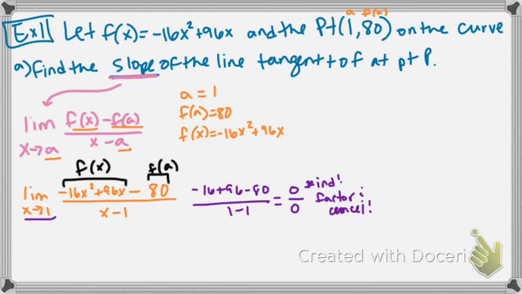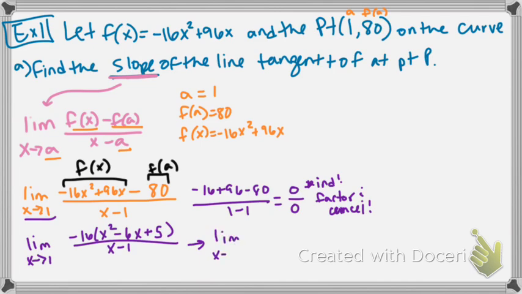Okay, so let's go ahead and try to factor the top. Let's take a negative 16 out. Limit as x approaches 1, negative 16, we get x squared minus 6x plus 5. Now again, you better get the top to factor as an x minus 1.